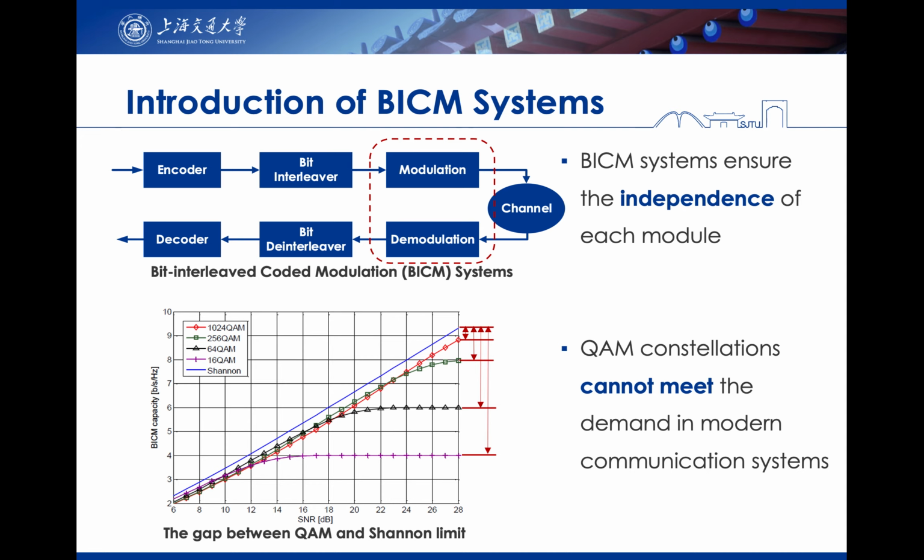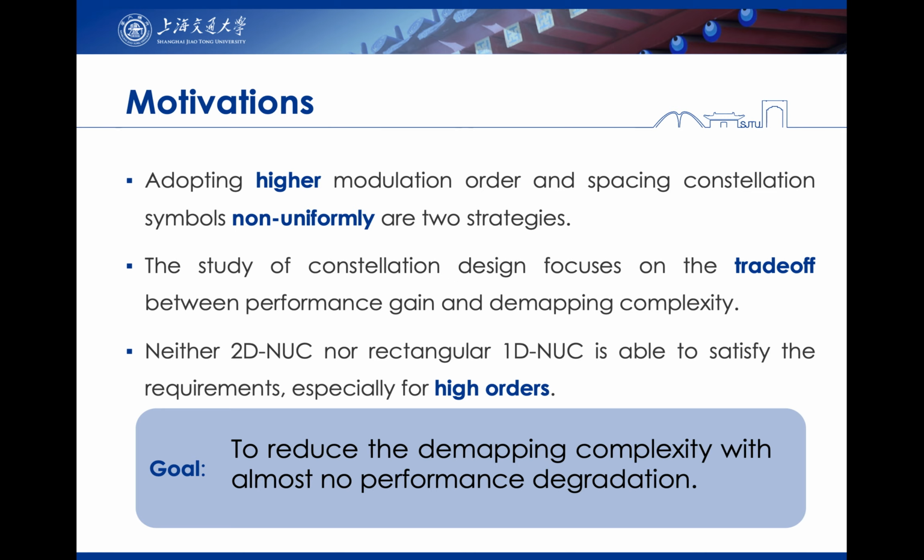The study of constellation design focuses on the trade-off between performance gain and demapping complexity. Neither 2D NUC nor rectangular 1D NUC is able to satisfy the requirements, especially for high orders. So our goal is to reduce the demapping complexity with almost no performance degradation.